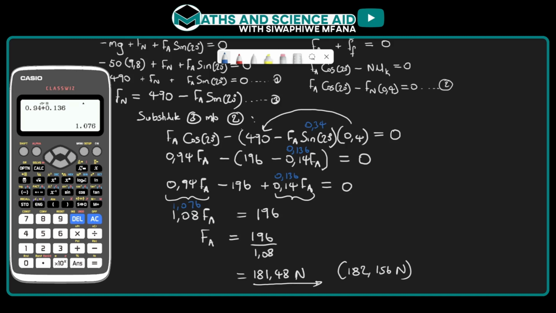And if we now divide 196 by this answer, we get 182,156. But I mean, of course, the memo is just a marking guide. Otherwise, in the instructions, you are told that you must round your final answers to 2 decimal places. So 182,16.